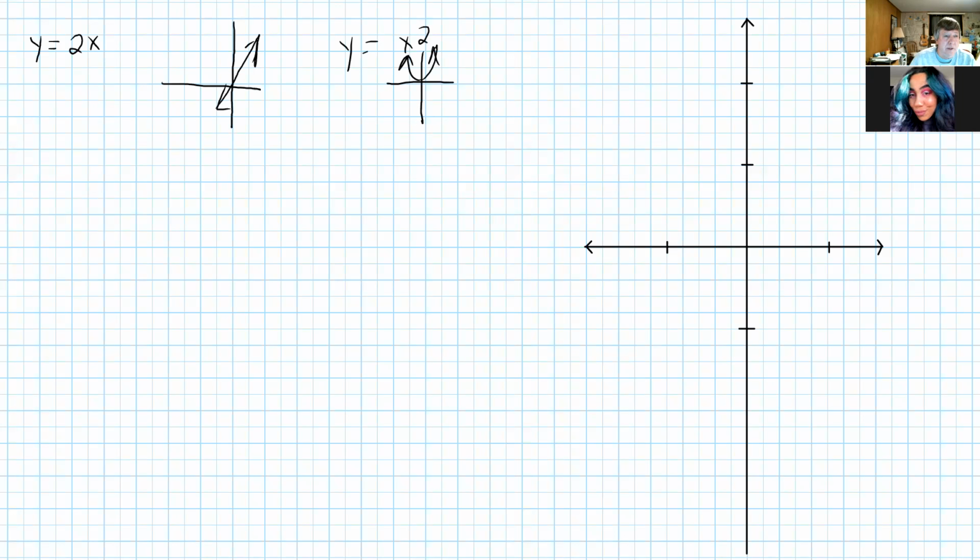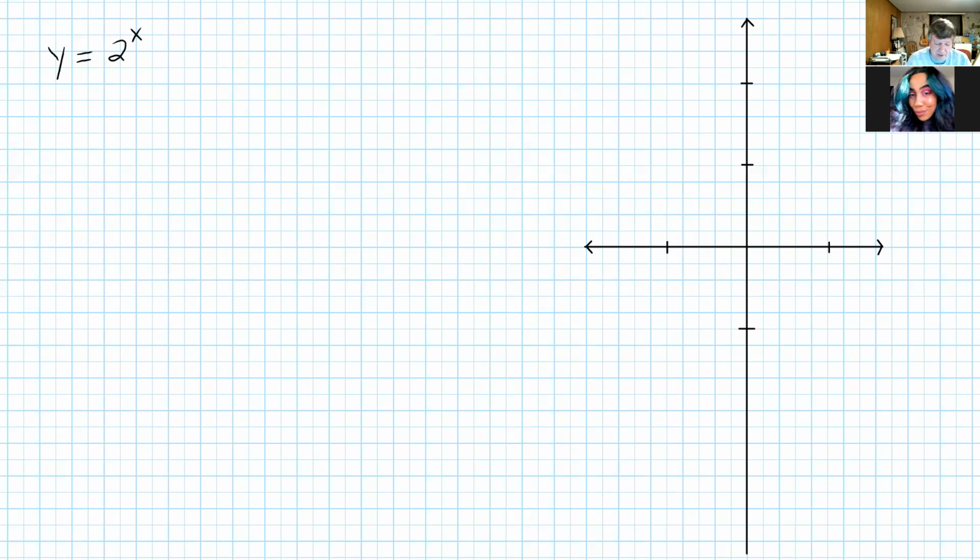Okay, now let's undo all of that. Today, we're going to look at what is called an exponential equation, the form of which a basic one would be y equals 2 raised to the x power. So the variable is not the base, it's the exponent.